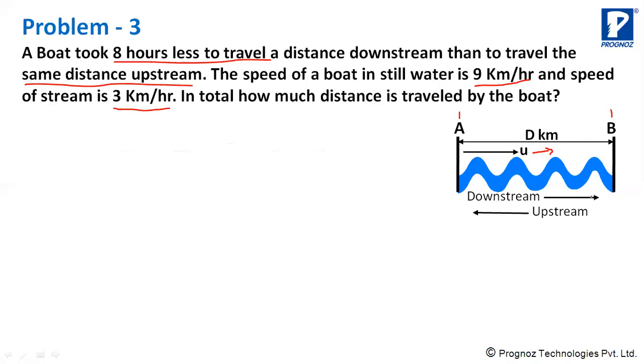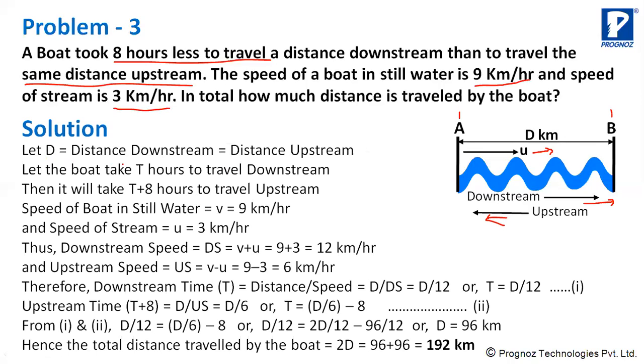Then this direction is downstream and this direction is upstream. For downstream, it travels from A to B, d kilometers, and upstream also it travels d kilometers from B to A. Okay. Now let's see the solution.